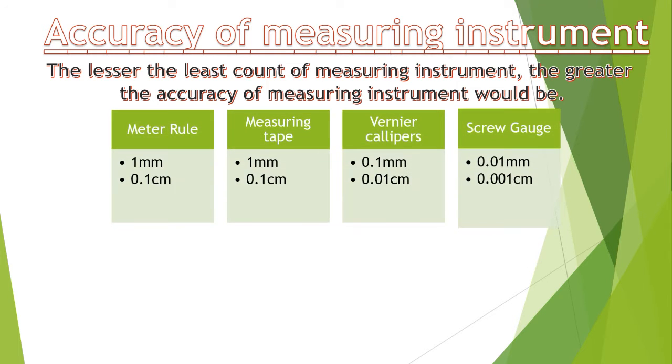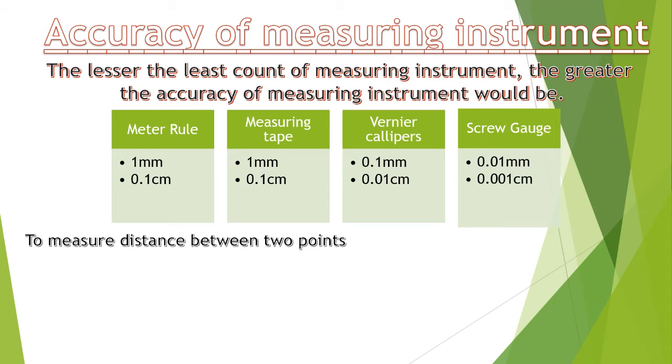Here I am giving some length measuring instruments, which are meter rule, measuring tape, Vernier calipers and screw gauge, with their least counts in millimeters and centimeters. The least count of the meter rule is 0.1 centimeter and the least count of the screw gauge is 0.001 centimeter.